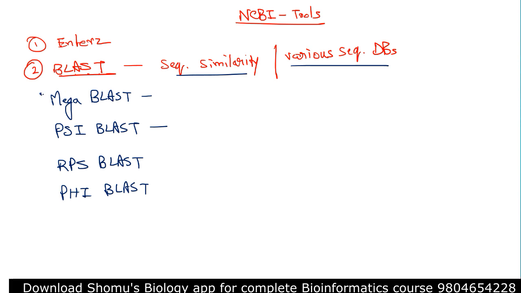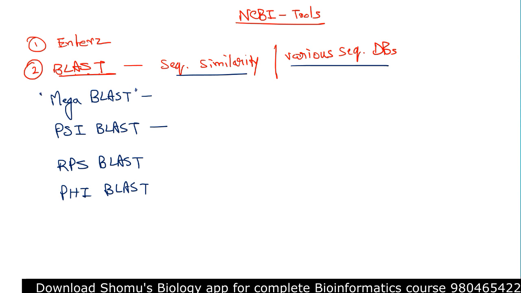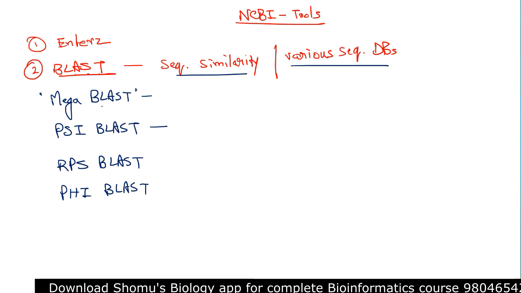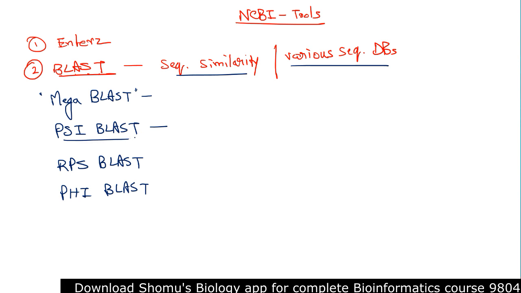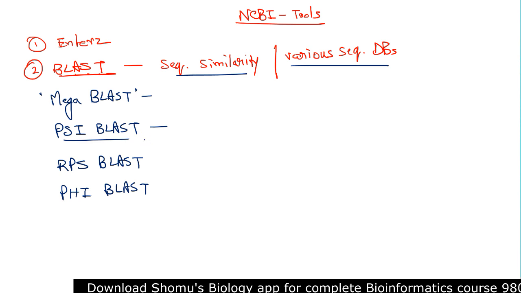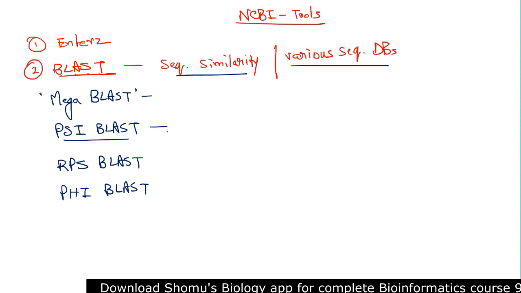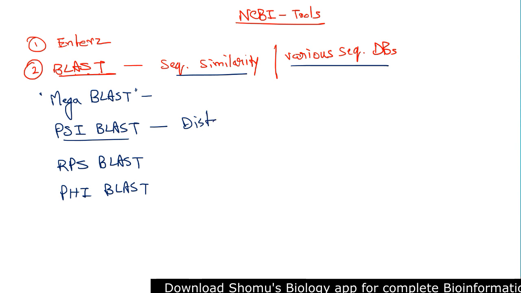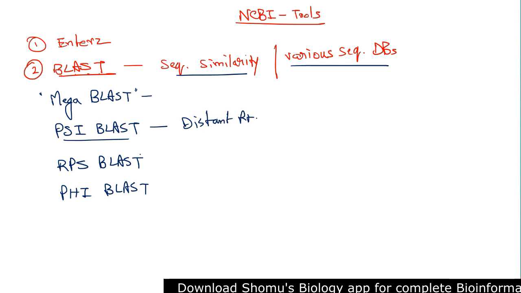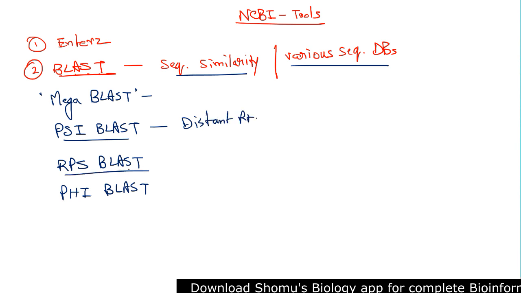So if you don't find anything in Mega BLAST, probably they are not related at all, because the algorithm is so specific in this case. Whereas PSI BLAST can pick up distant relationships. So with PSI BLAST we may get similarity, but with Mega BLAST we may not. So PSI BLAST will find sequence similarity in distant relationships.